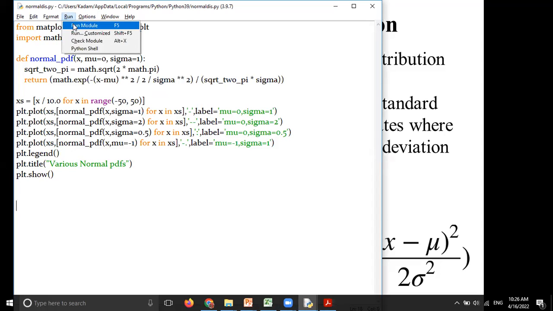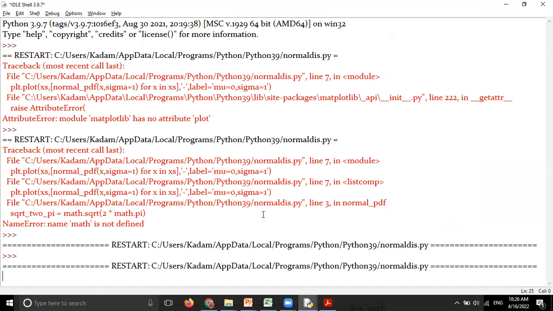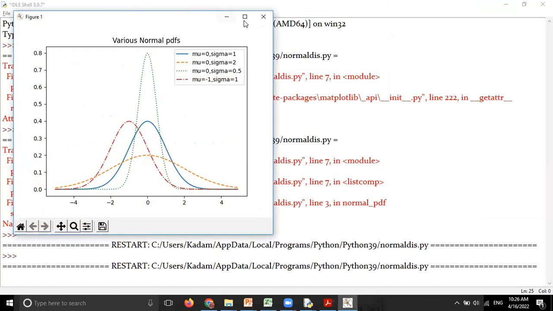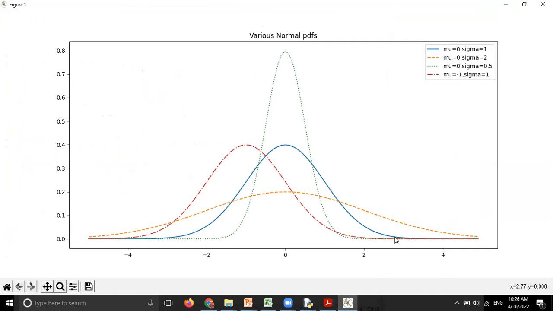So this is the way the probability distribution is shown. For each of these cases, it has shown me the graph. These are the different normal PDFs, that is, normal density distributions.